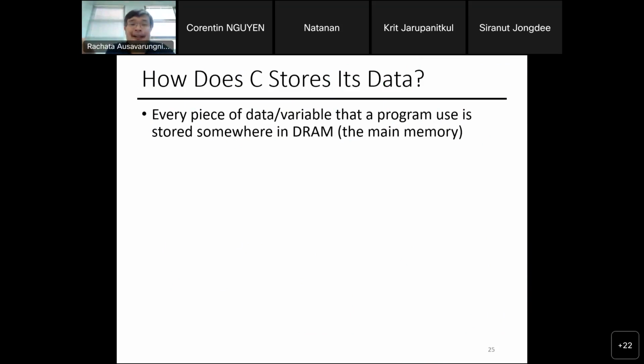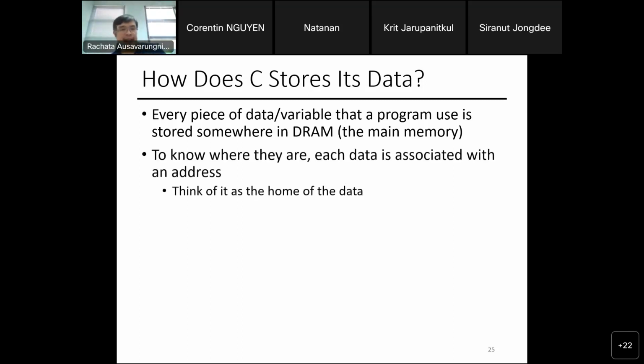It has to have a place in the main memory, and the memory has to manage whenever you want to change the data or store a new value to your variable. Each variable in your program will have an address.